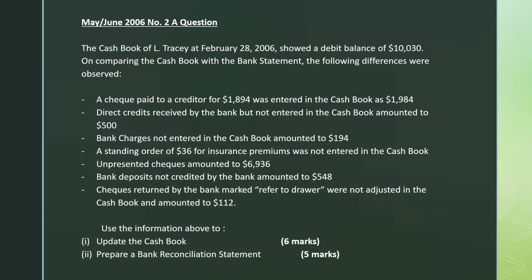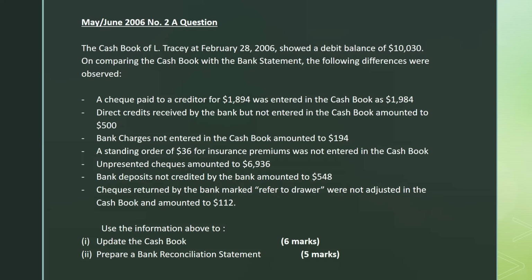Next one, unpresented checks amounted to 6,936. Does this go in the revised cash book? No, sir. Unpresented checks are checks that we recorded, but the bank didn't. This goes in a bank reconciliation statement.